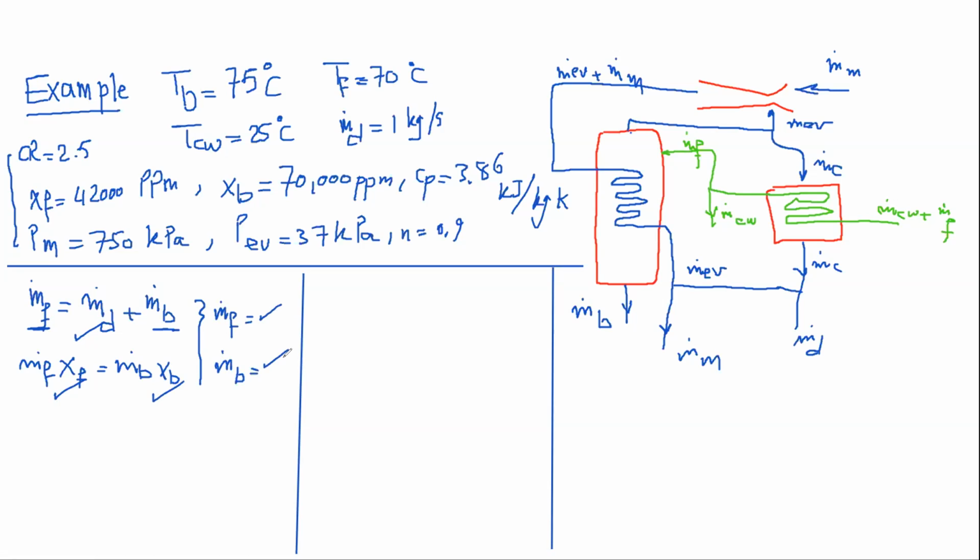Now, having known these, the next step is to get into the analysis of the evaporator. For the evaporator, the energy balance is going to state that Q evaporator is equal to m dot motive steam plus m dot entrained vapor.